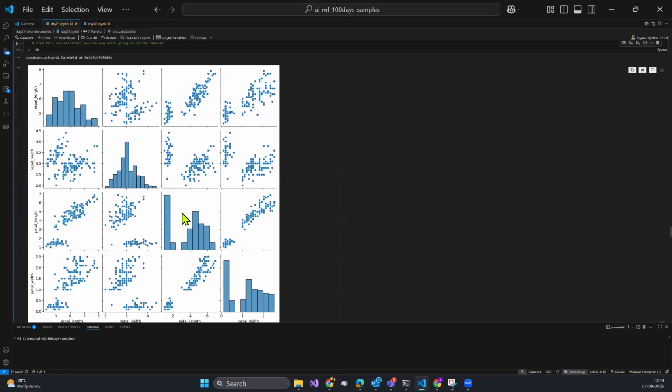So here you can see the visualization and distribution in one go.